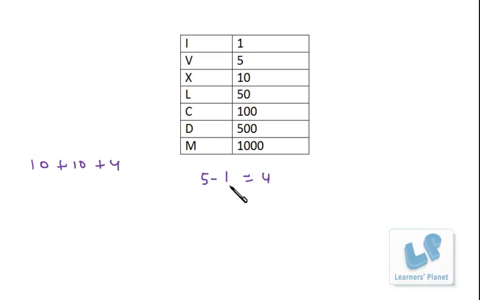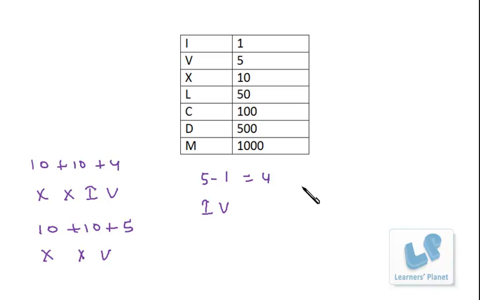Okay, so how do we deduct 1 from 5? If we write I on the left side of V, so it's 4. So what I do is X, X, I, V. Isn't it quite simple? Now we write 25, that is 10 plus 10 plus 5, that is X, X, V.